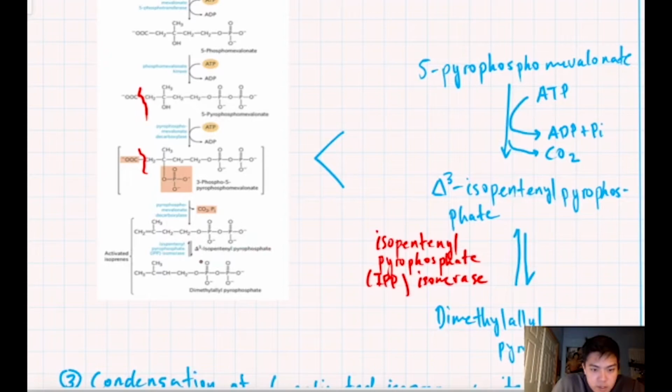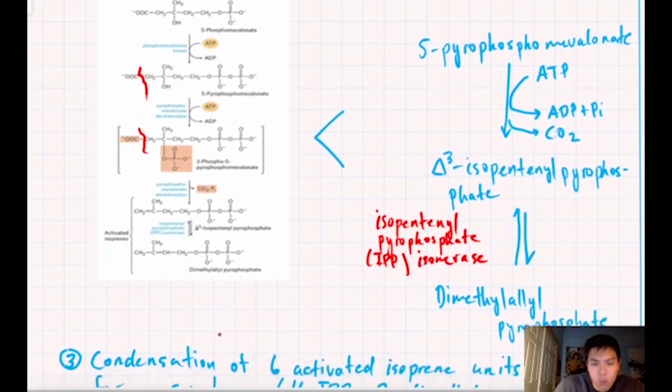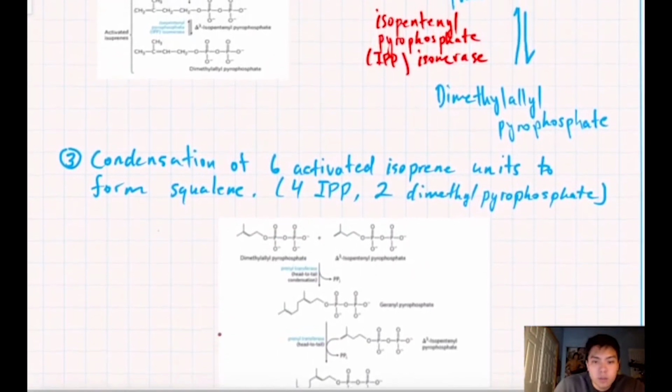Now this will be in equilibrium with dimethylallyl pyrophosphate, and your IPP isomerase is going to be responsible for interconverting between these two. So actually both of these are activated, and both of them are going to be used to make squalene. So let's move on.